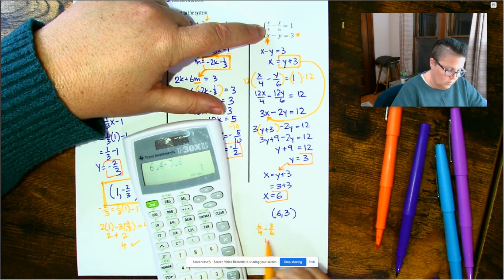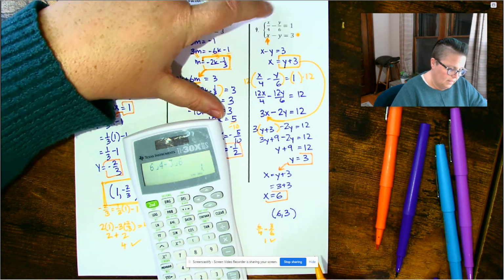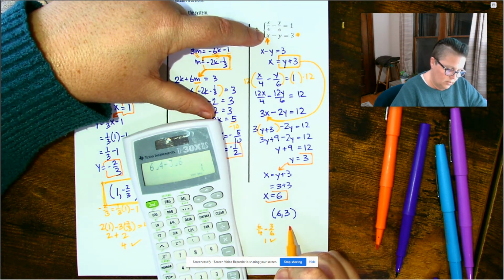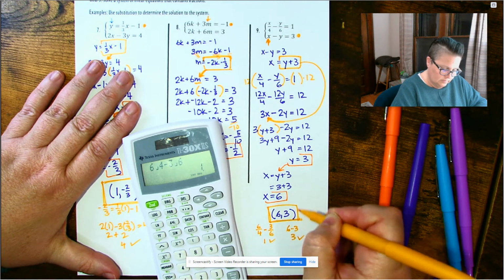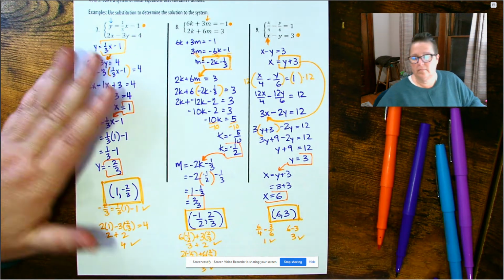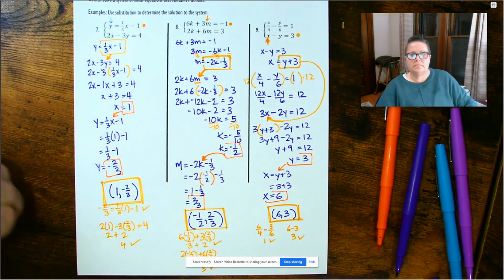And I do get a 1. That checks. And then I would also have 6 minus 3. Is that 3? Yep. So I know that this is a solution. Okay. Whew.